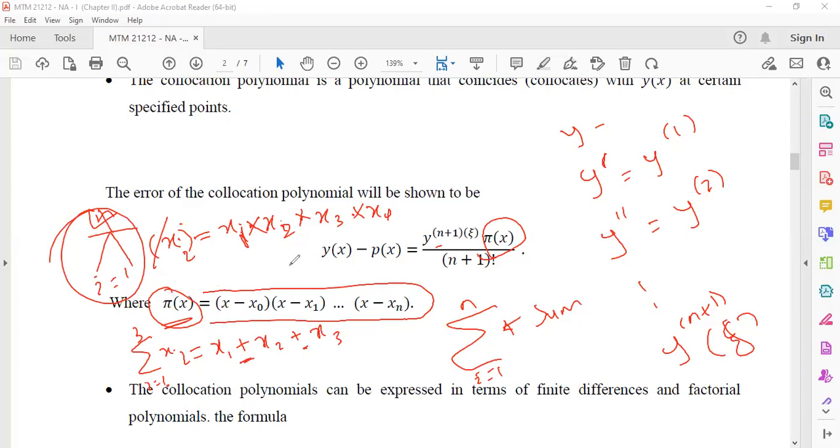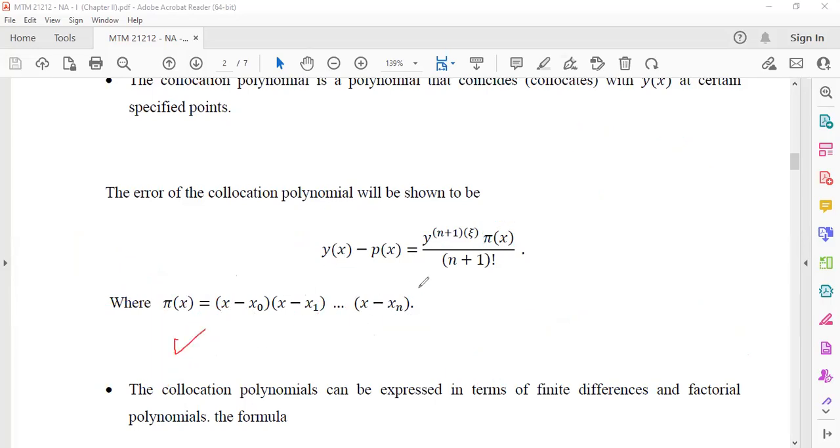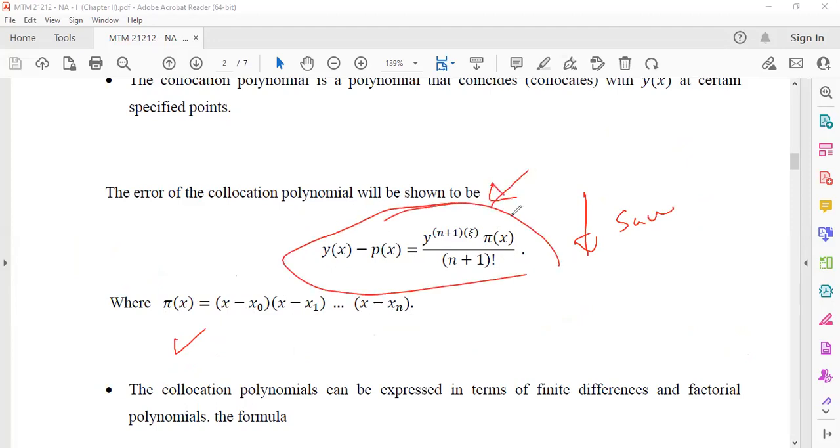Here they have explained pi of x: you take x minus x naught, x minus x1, up to x minus xn. We don't need this equation anyway, but just understand this. You may find some questions in the Schaum series that use this for some calculation.